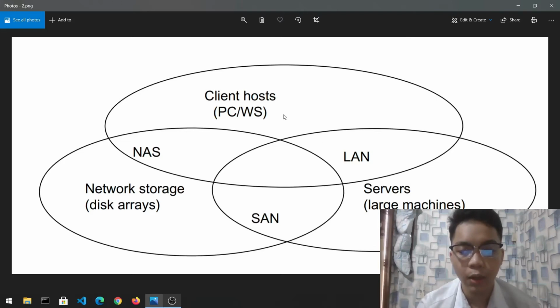The local area network, or LAN, shown in the diagram is typically used to connect client hosts to big servers. A storage area network, or SAN, connects a server to network storage such as disks and arrays. Network attached storage, or NAS, connects client hosts directly to the disk arrays. So that's how interconnection works.